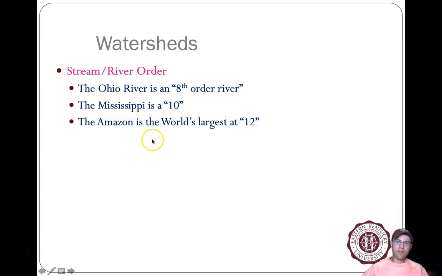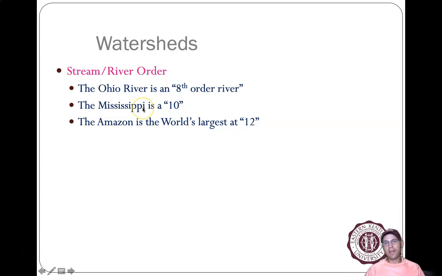And just to give you some perspective here, the Ohio River is an eighth order river. The Mississippi, where it comes out at New Orleans, or where it goes into being a delta, is a 10th order river system. How big is the Mississippi?